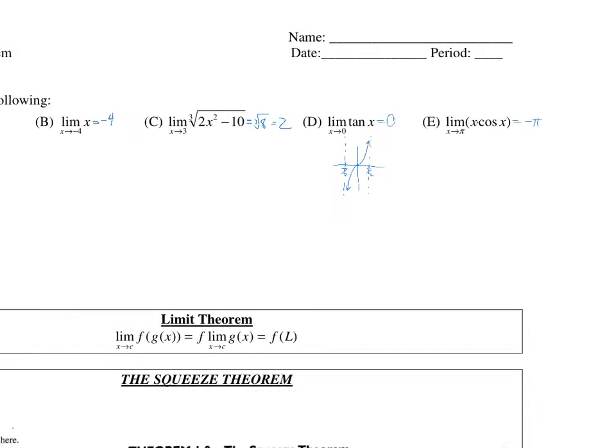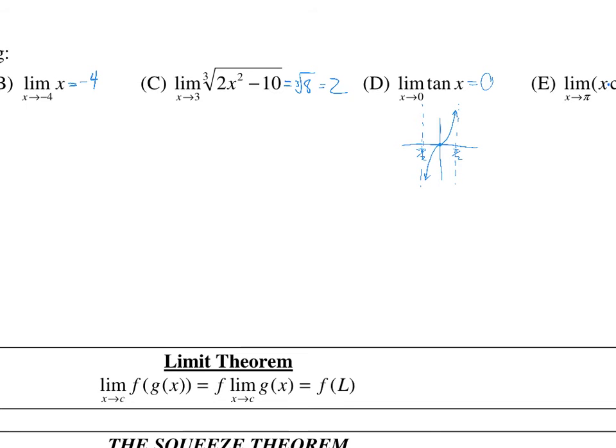Okay? So going back to C here, I could do the cube root of the limit as x approaches 3 of 2x squared minus 10. Okay? Well, we said with parabolas, since they're always continuous, we can just go ahead and plug it in.